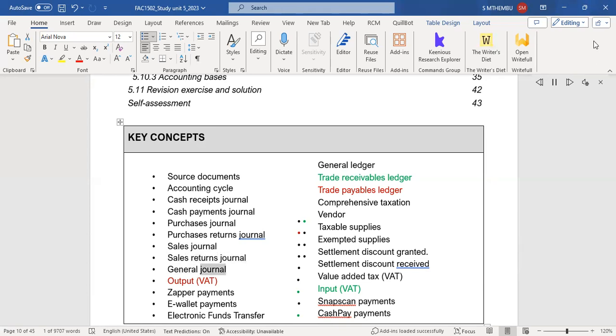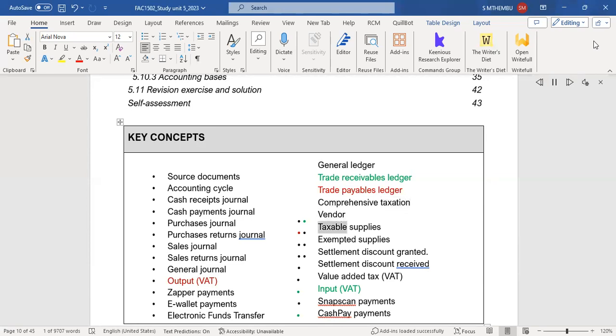General journal. Output VAT. Zapper payments. E-wallet payments. Electronic funds transfer. General ledger. Trade receivables ledger. Trade payables ledger. Comprehensive taxation.